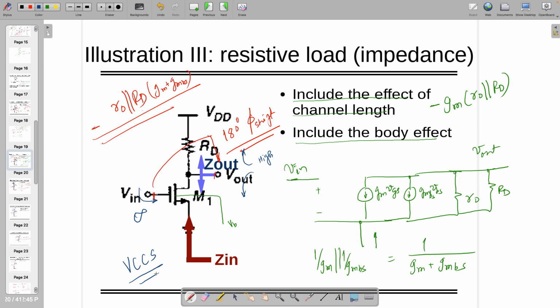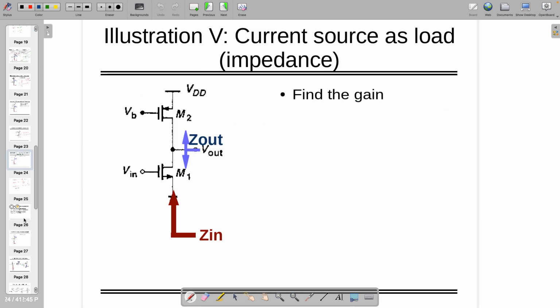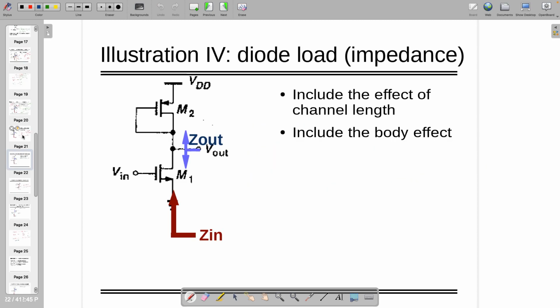The same is true for this one also, because looking into the input, it's infinity, and looking at the output side is ro1 and ro2, both in kilo ohms. So ro1 in shunt with ro2 also makes a high impedance. So this is also a voltage controlled current source. However, this one is not making a voltage controlled current source.